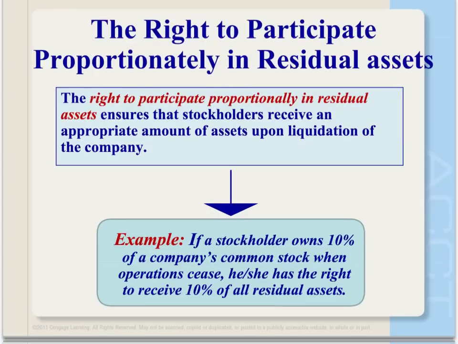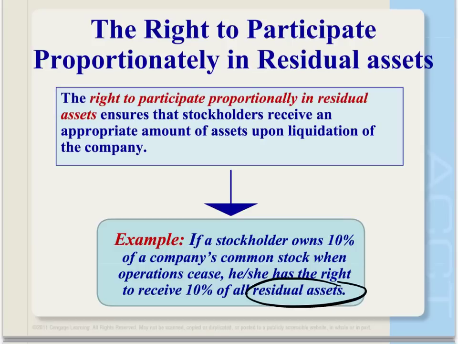Next is the right to participate proportionally in residual assets. This ensures that stockholders receive an appropriate amount of assets upon liquidation of the company. For example, if a stockholder owns 10% of a corporation's common stock, when the company ceases operations and liquidates, he or she has the right to receive 10% of all the residual assets.